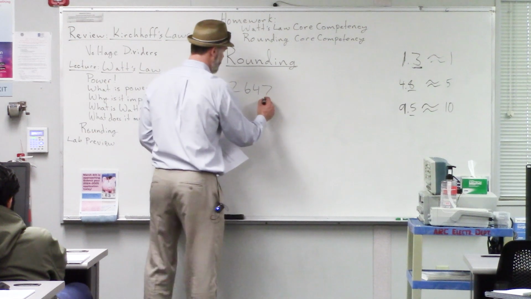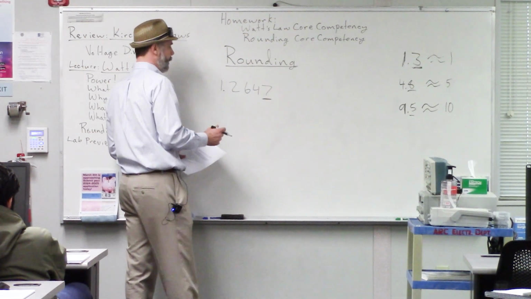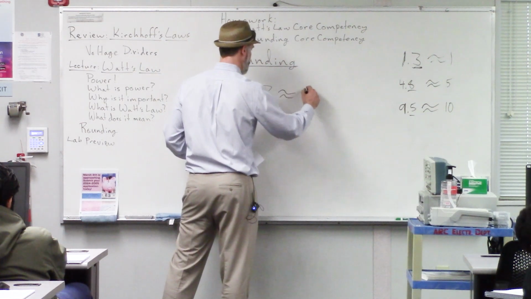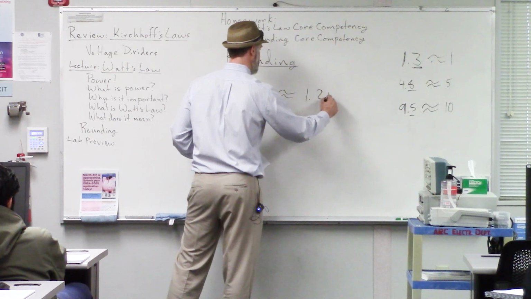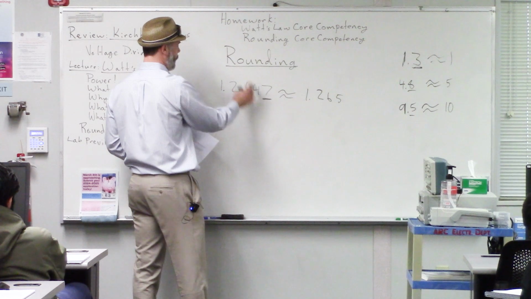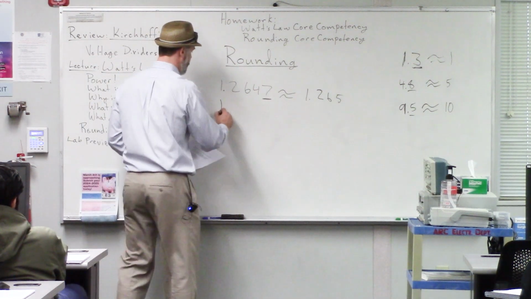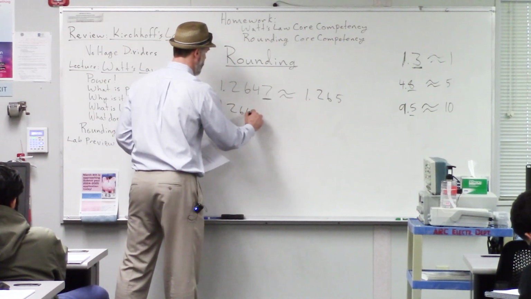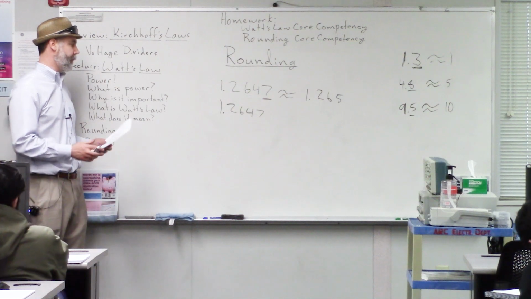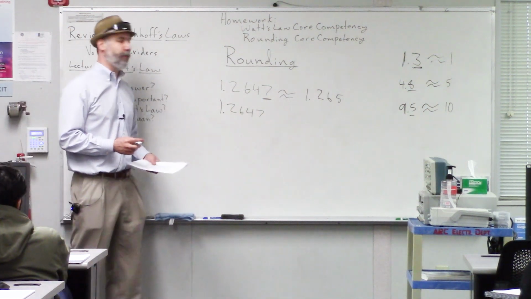Yeah, we would look at this 7, and that rounds up, so then that would become approximately 1.265. Okay, it rounds up, so it makes this number go up 1. If we looked at the same number and we wanted to keep only 2 digits after the decimal point, what number would we look at to see if we round up or round down then?